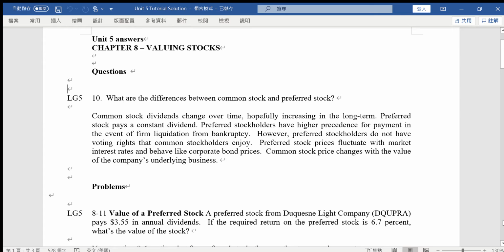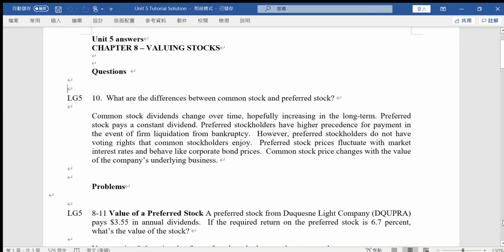Okay, for all the individuals, you may answer in this way, focusing on each of the factors one by one, and then compare and contrast the differences between these two. For the first one, we will focus on the dividend change, whether the dividend amount will be changed. For common stock, the dividend payment is not constant and also not fixed.